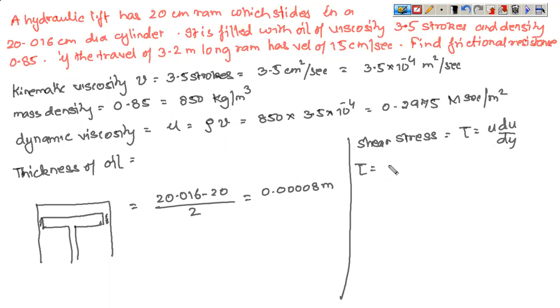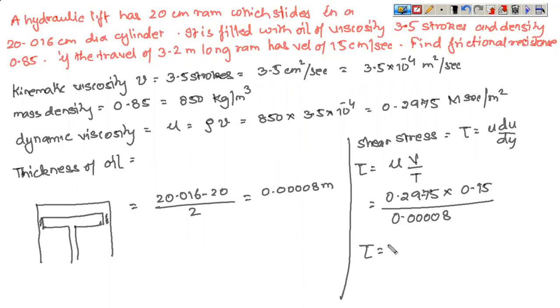So tau can be written as mu into velocity divided by thickness of oil film. ठीक. सो म्यू आपका निकला हुआ है 0.2975. 0.2975 मल्टीप्लाइड बाई वेलोसिटी कितनी है 15 सेंटीमीटर्स पर सेकंड. सो 15 सेंटीमीटर्स पर सेकंड को अगर आप मीटर्स पर सेकंड में करोगे तो 0.15 मीटर्स पर सेकंड आ गया. डिवाइडेड बाई थिकनेस ऑफ ऑयल फिल्म कितना है 0.12348. ठीक है. सो यू हैव शियर स्ट्रेस, 557.81 Newton per meter square.